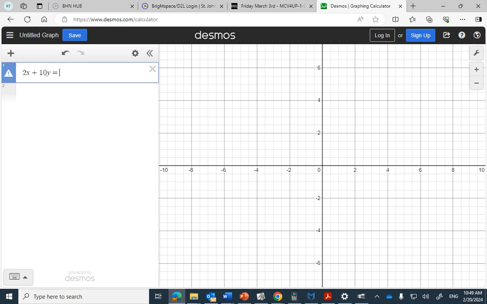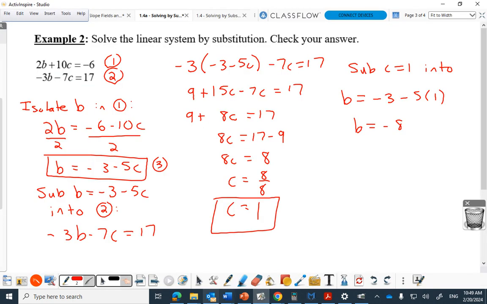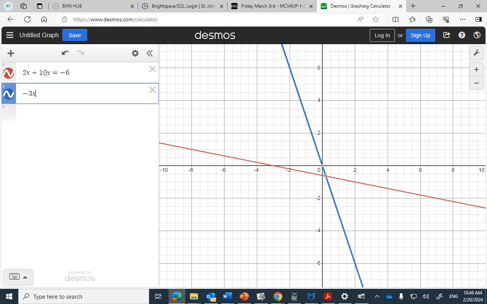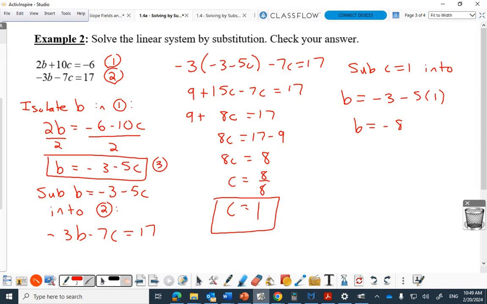And the second equation was negative 3x minus 7y equals 17. And they met up at negative 8 comma 1. Is that what I got? Negative 8 comma 1. I did get that.